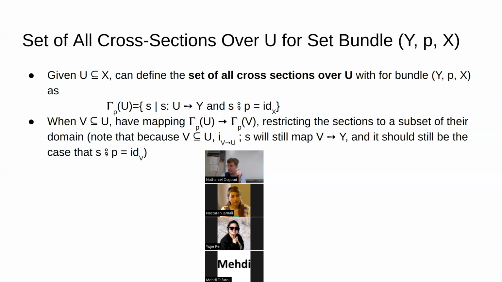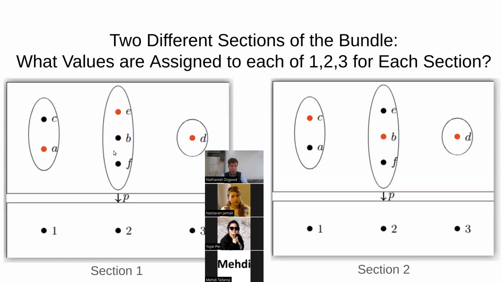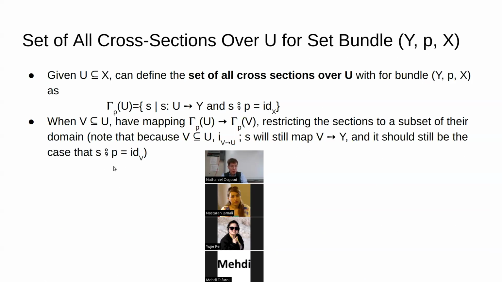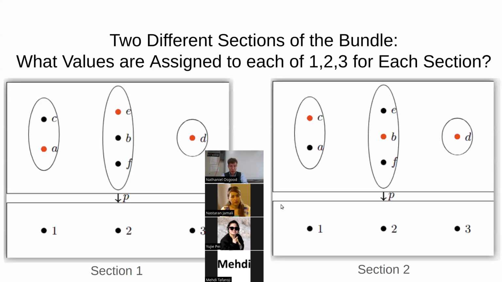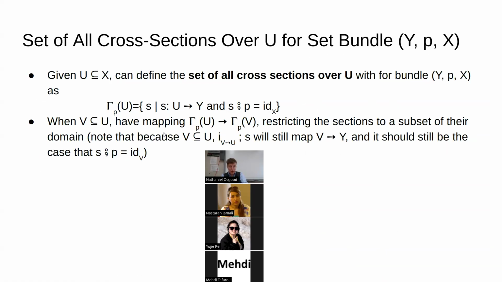Let's think about some basics, right? So we were just talking, if U is a subset of X, we could consider for subset U the set of all sections. Remember we considered 1 and 2 and the set of all sections, all 6 of them. That's what Nasran correctly said.